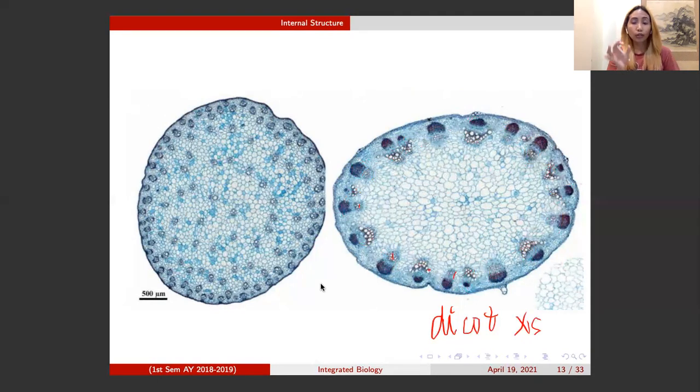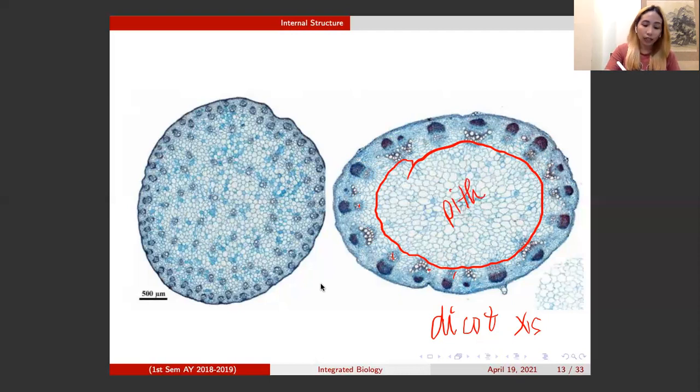Therefore, yung ground tissue mo, the ground tissue that is found inside the vascular cylinder basically is the area that we call pith. Okay? Now, the rest of the ground tissues that are here outside of the vascular cylinder is the area that we call cortex.